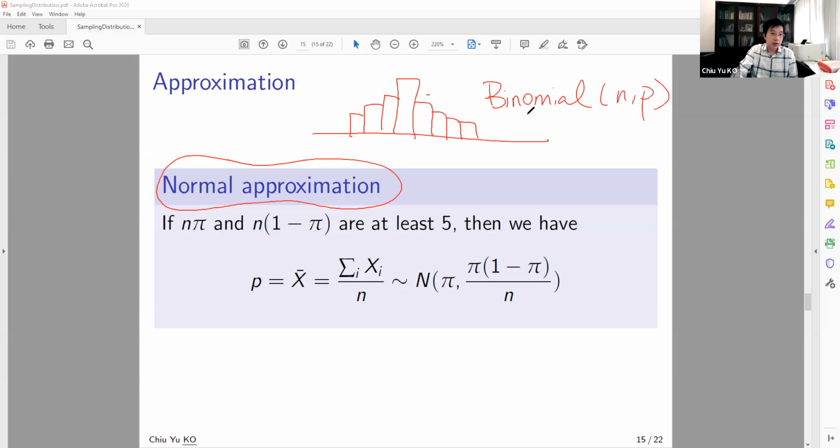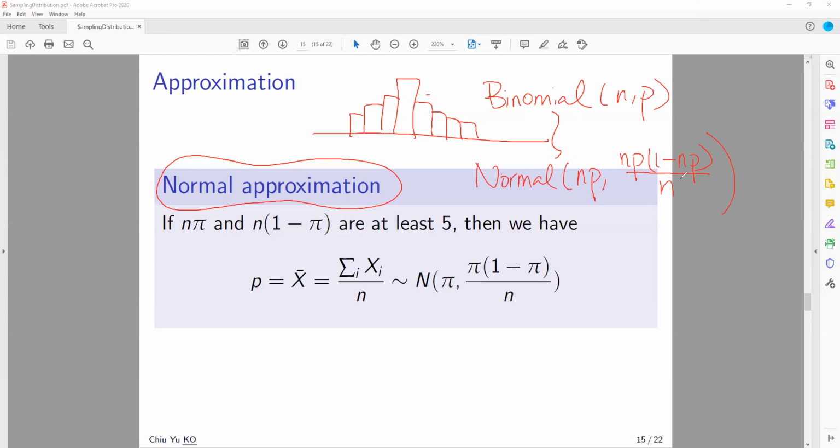What it says is that a binomial(n, p) can be approximated as a normal with mean np and variance np times 1 minus p over n squared.